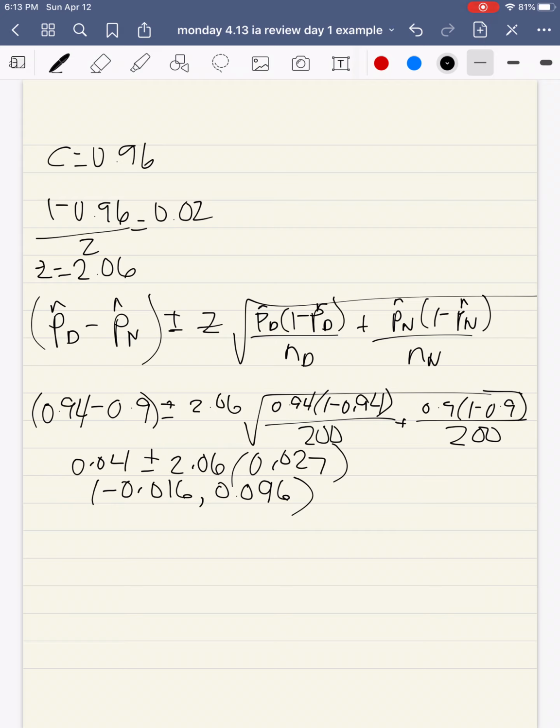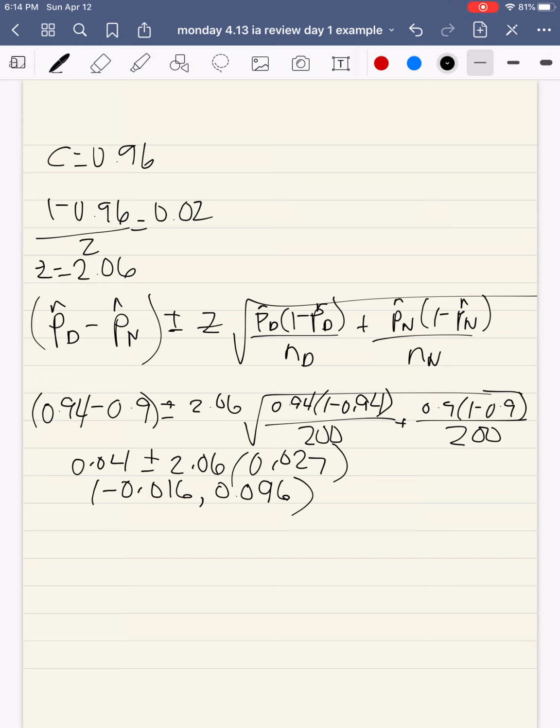Looking at this interval, it's a great opportunity to really understand what this interval is telling us, and we're going to write out the interpretation. I took my time reading part A to check whether they asked us for the interpretation. But this is like when we're doing a significance test and we get our conclusion that we want to reject the null hypothesis. Then we put that in the context of the problem and say whatever we're rejecting.